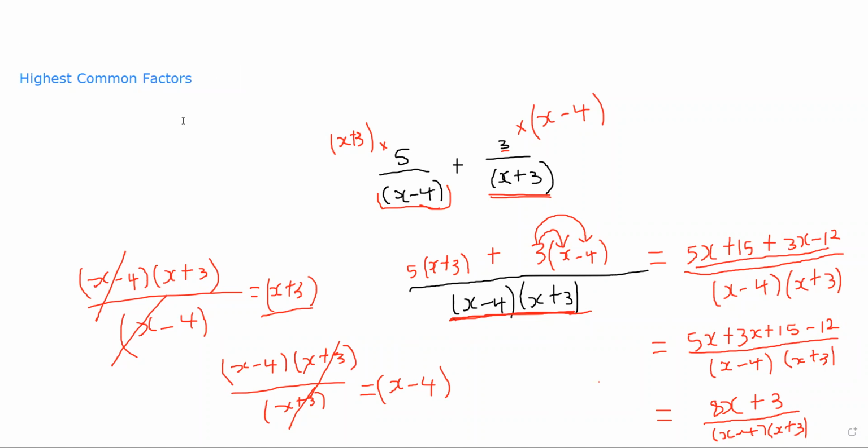So does anybody know what the highest common factor is? All right, let me put up a few numbers, and then you guys are going to tell me the highest common factors of those numbers.